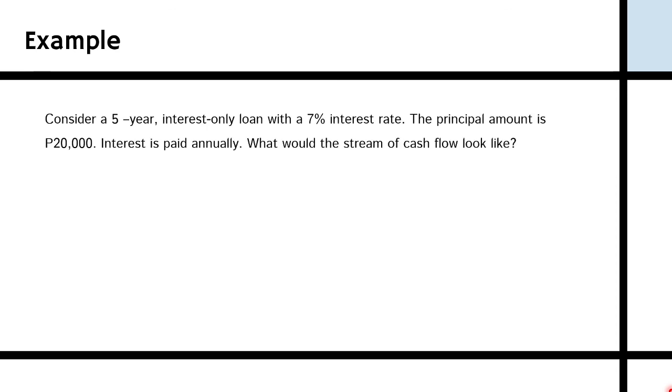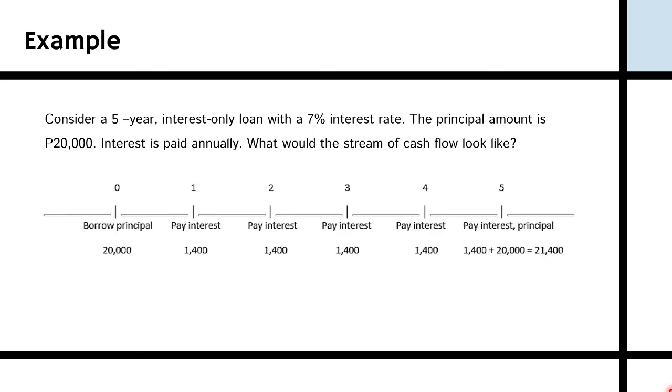For example, consider a 5-year interest-only loan with a 7% interest rate. The principal amount is 20,000 pesos. Interest is paid annually. What would the stream of cash flow look like? Ang tanong is paano ang sistema ng pagbabayad nila ng interest simula sa unang taon hanggang sa 2nd, 3rd, 4th, and 5th year.